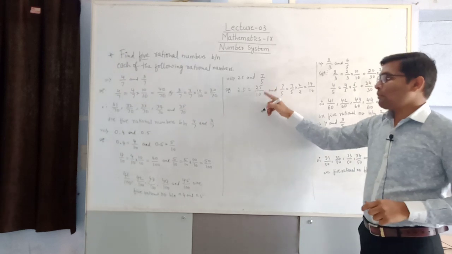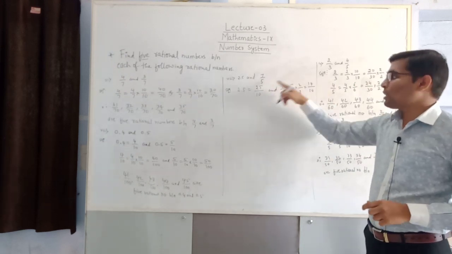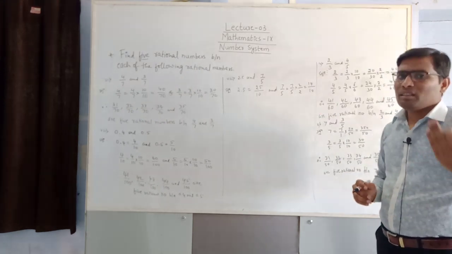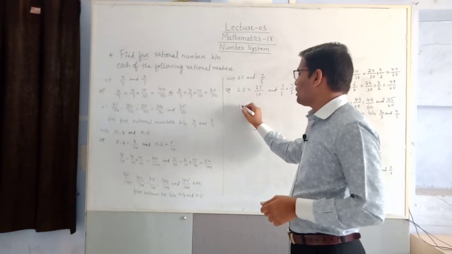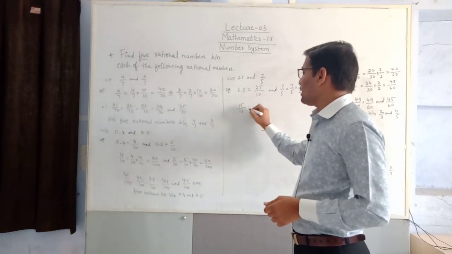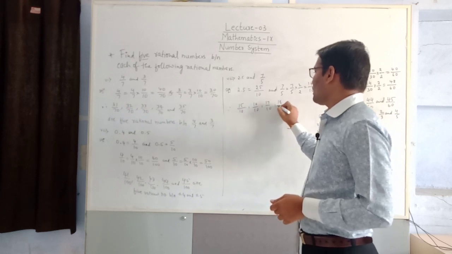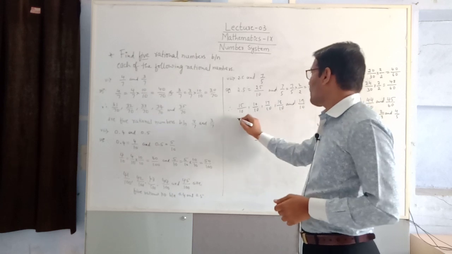Look here, 25 by 10, 14 by 10, denominators are the same. In between 14 and 25, we have 11 numbers.